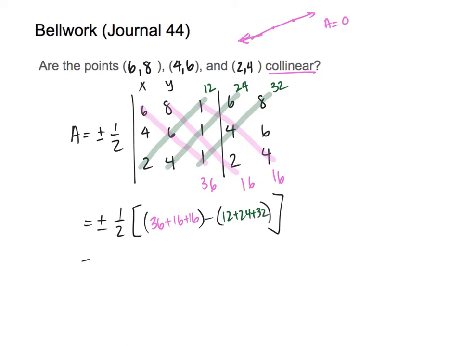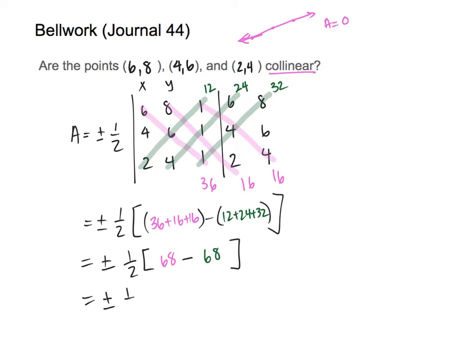And then looking at this, I have plus and minus 1/2. I'm going to add up all these numbers. So 36 plus 16 plus 16 gives me 68, minus, if I add up all the green numbers, 12 plus 24 plus 32 gives me 68. Well, if they're both going to be 68 and I'm subtracting, that means that's going to give me 0, right?